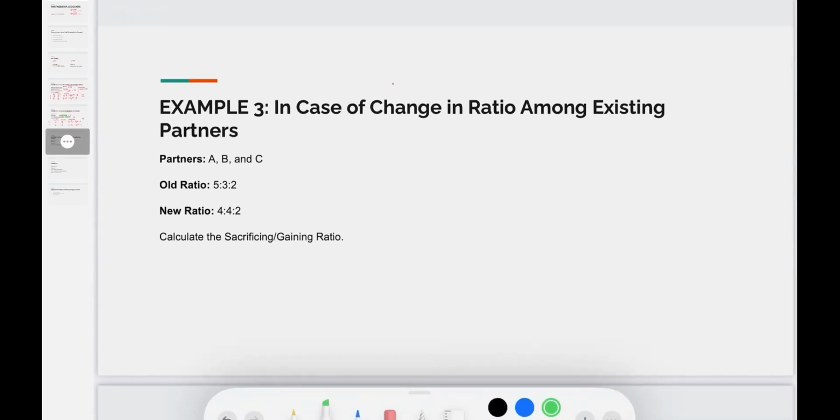Coming on to our third case, that is in case the ratio is changed among the existing partners. Here no one is retiring or admitted to the firm, but the profit sharing shares are being altered.